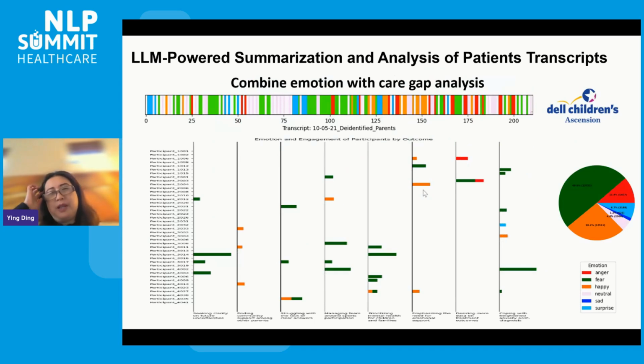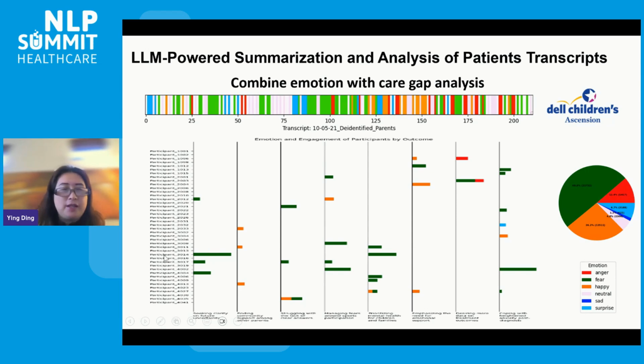Beyond theme generation for the transcript, we can also identify emotion in each part of the transcript. This transcript is like a 3-hour-long transcript, and for each minute we can detect the patients' emotions. The emotion can be anger, fear, or happy, and it is very helpful for us to navigate this, especially for group interviews, to see which patient has a lot of fear.